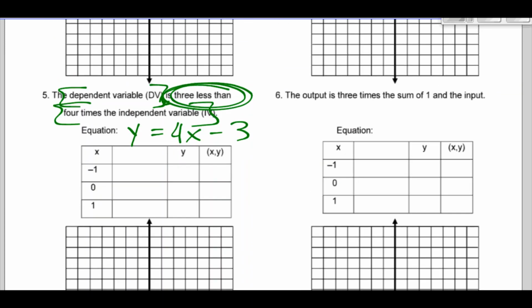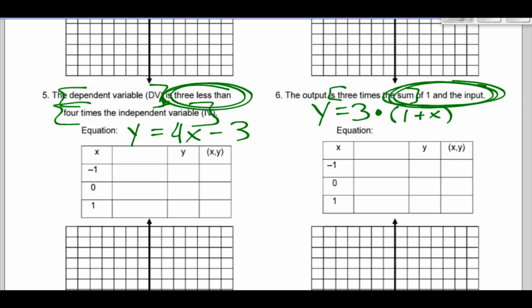And the last one, the output, is the y is 3 times the sum. This is an important phrase, 3 times the sum. It's not just 3 times something, it's 3 times the addition problem. This is one thing, the sum of 1 and the input, 1 and the input being added together.